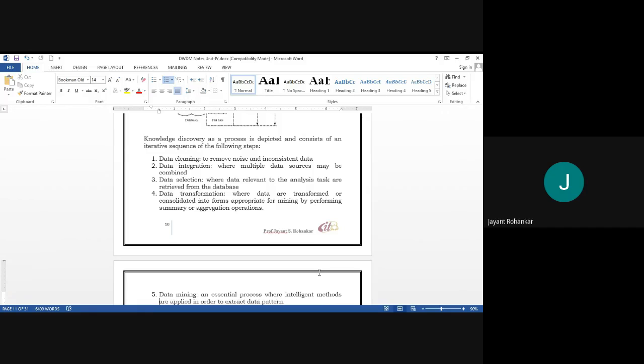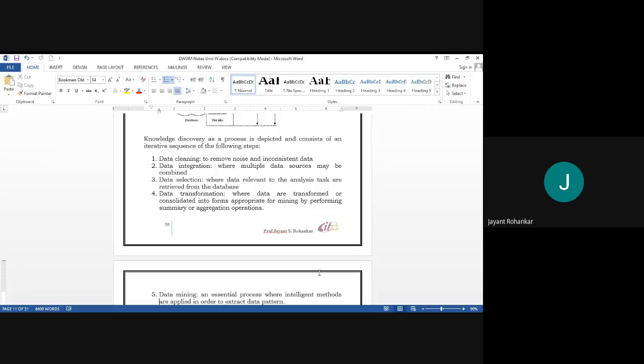Then integration, we have to do the integration on the database, because if from only one domain we are collecting the data, it is not sufficient to get the knowledge. So we have to do integration of data, we have to combine the data from multiple sources, and that integrated data is in huge amount.